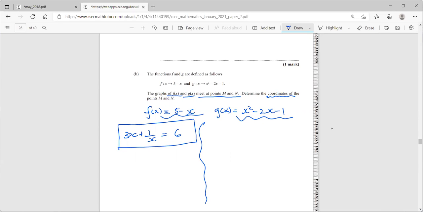So what do we have to do on this side here? We have this is equal to this. What is this telling us to do across here? X squared minus 2x minus 1 equals to what? What would it be equal to?